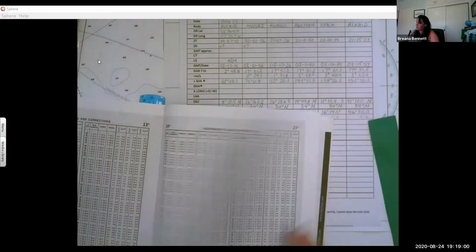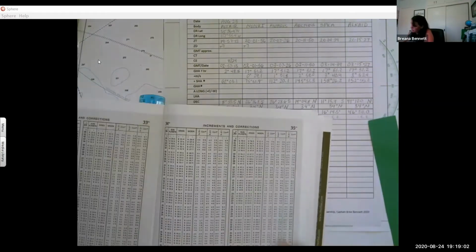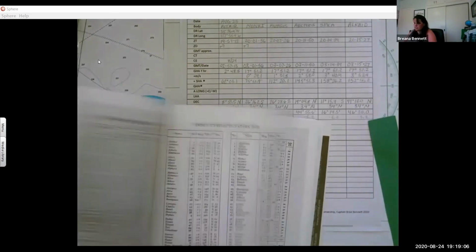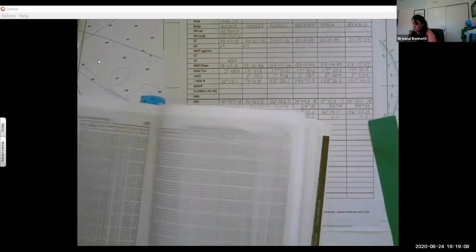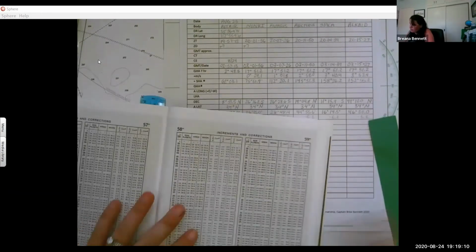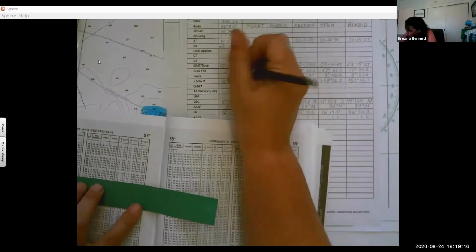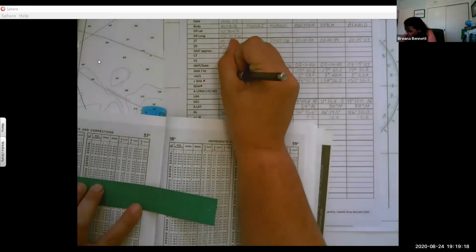And then our last one, which is also our first one, is 57. So that's towards the end. 57:13, 14 degrees, 20.6.